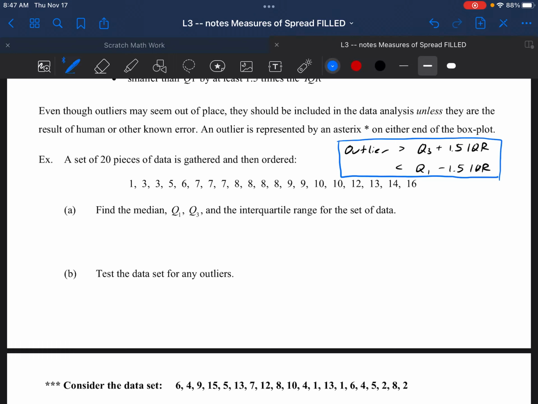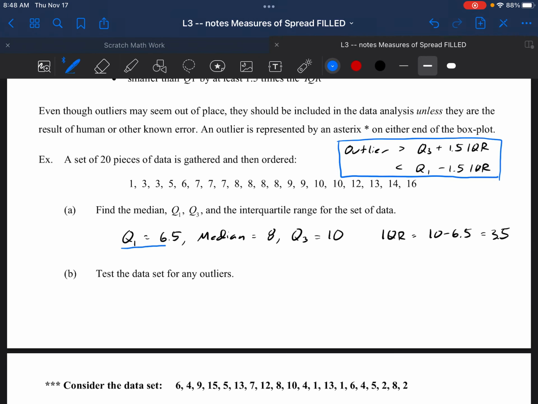All right, if you found them, what I'm getting is Q1 is 6.5, the median is 8, and Q3 is 10. So that means the IQR is going to be Q3 minus Q1, 10 minus 6.5, which is 3.5.